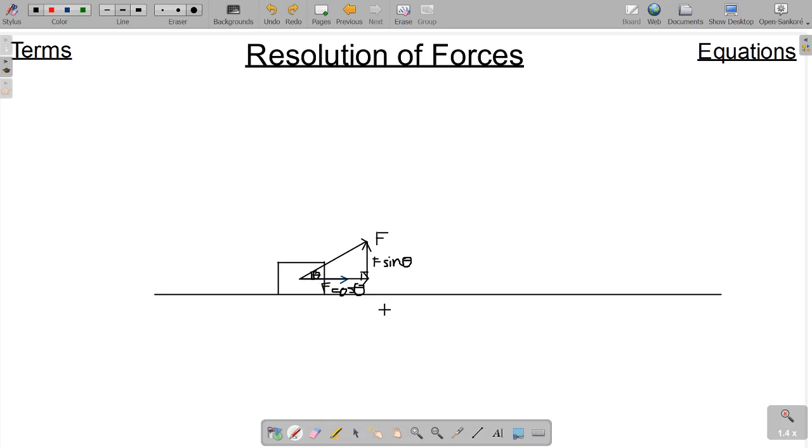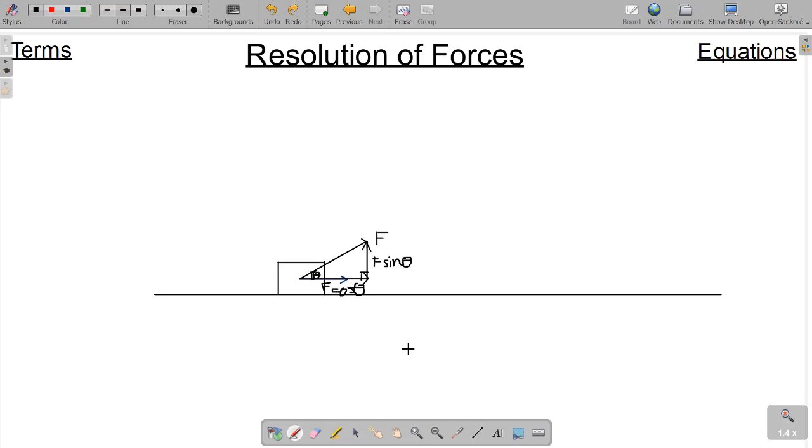Then your acceleration will be F cosine theta over m, because F equals ma and the F in this case is F cosine theta. The work done will be F cosine theta times d, which is whatever distance you move it.